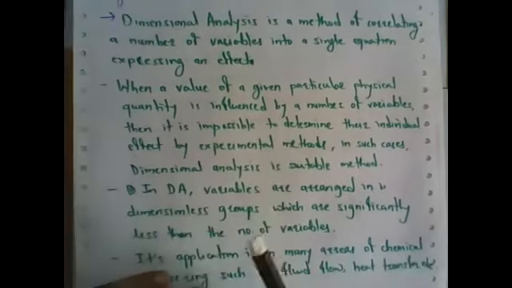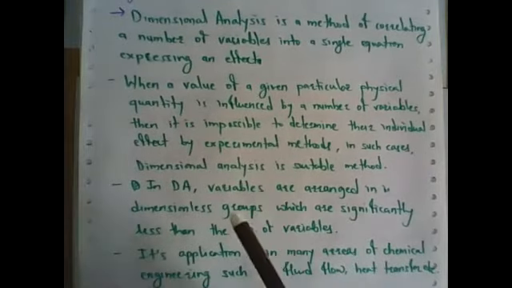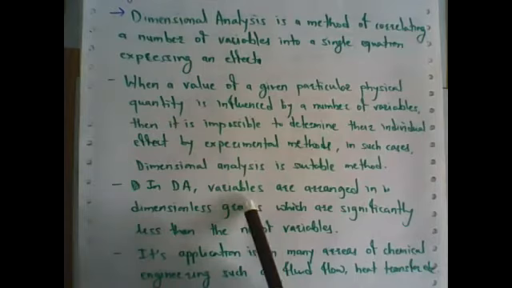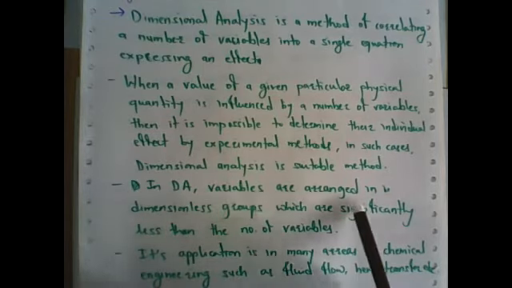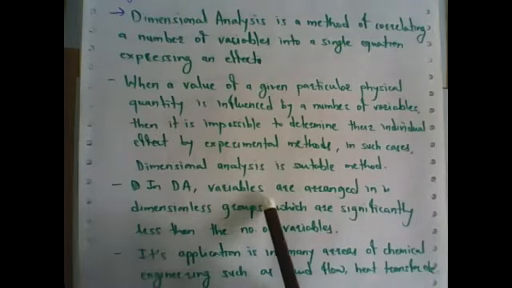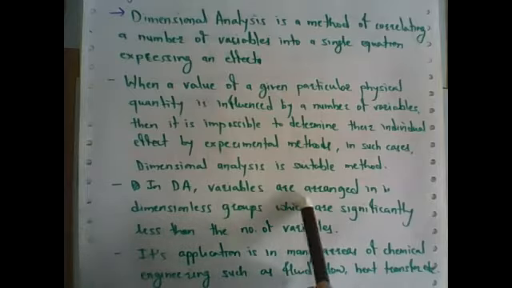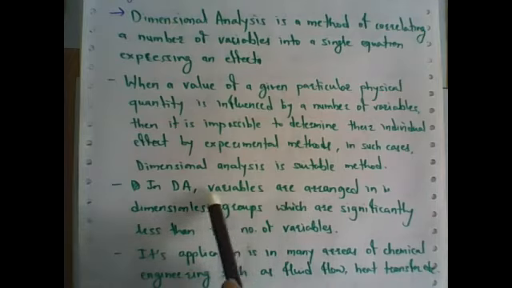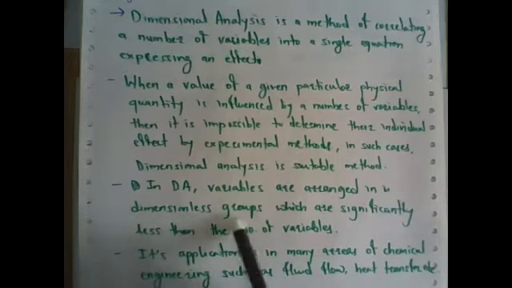So what is the application of dimensional analysis? The variables, that is parameters or factors, are arranged in dimensionless groups. Now these variables are like velocity, length, diameter, viscosity, density, acceleration due to gravity, thermal expansion coefficient, thermal conductivity, etc. All these variables, whatever the number, are converted into fewer dimensionless groups.